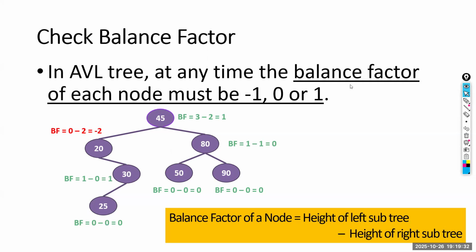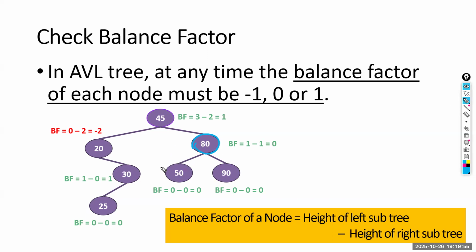So balance factor is the height of the left subtree minus the height of the right subtree. If the value is 0, -1, or +1, that is fine. If it is bigger than that, it's unbalanced. That's it, right? That is called balance factor. So we can calculate balance factor for any node. For example, here the height of the left subtree is 1.